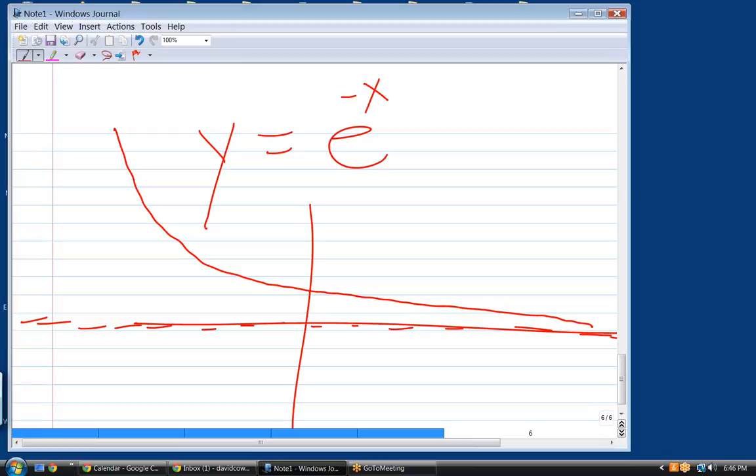As x approaches negative infinity, y approaches infinity. End behavior is always both ends. So as x approaches positive infinity, what does y go to? It goes to 0.